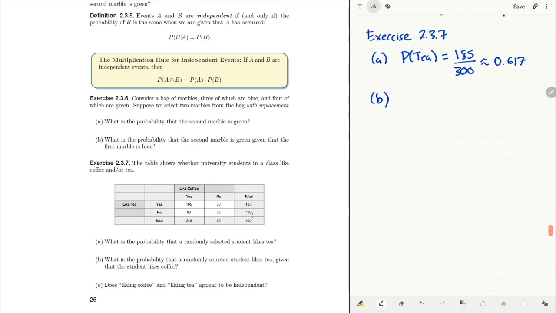And now let's find the probability that a randomly selected student likes tea, given that the student likes coffee. So here we are looking for a conditional probability. We're looking for the probability that a student likes tea, given that they like coffee.